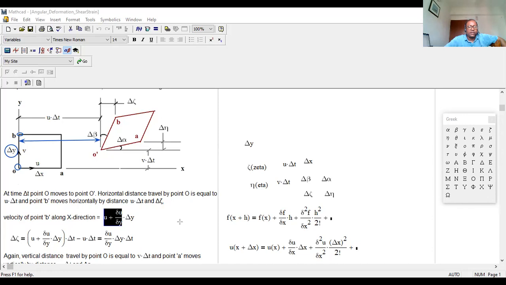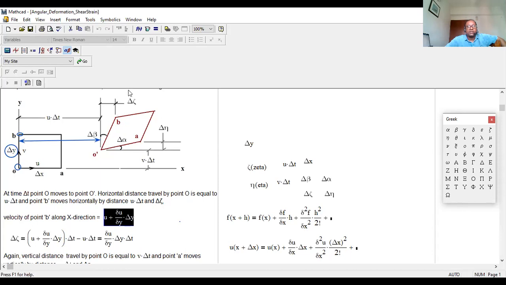In our case the derivative will be del y, not del x, since we are working with the y-axis. So this is the distance traveled by point B.